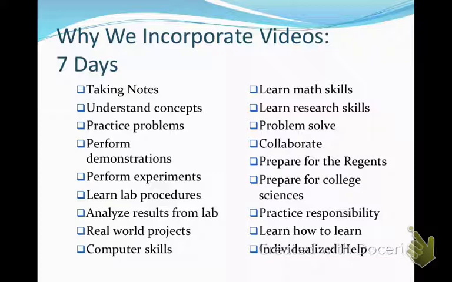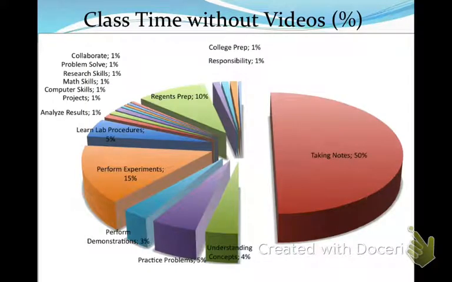Now, this doesn't also include early releases or assembly bells or absences for appointments or anything like that. So really, we have to do all of this in less than 7 days. That's a lot, especially in a difficult course like chemistry. So this kind of shows you what we would normally be doing. About 50% of our time is used to take notes in class.